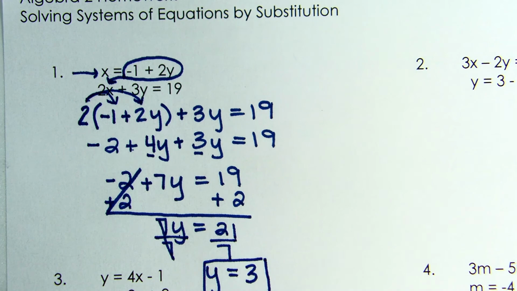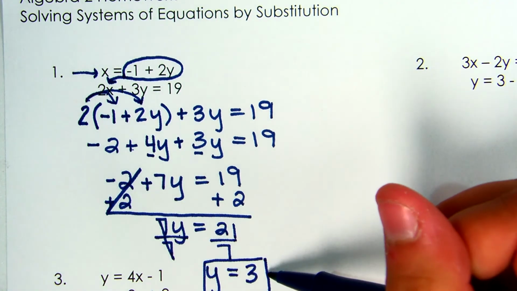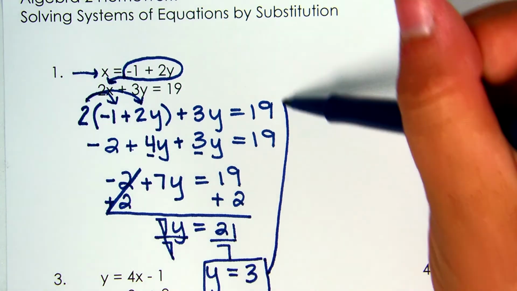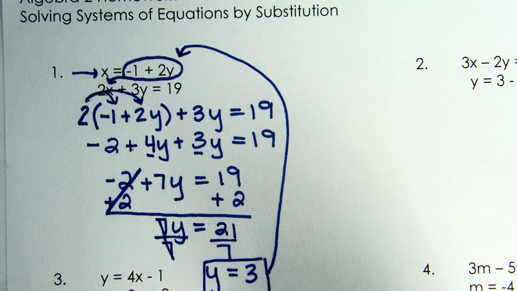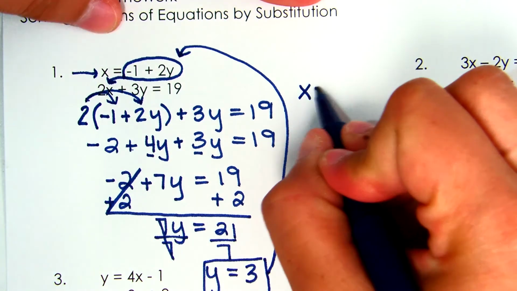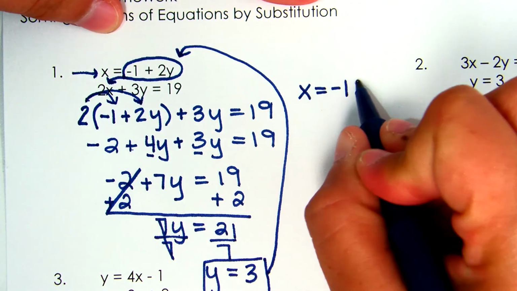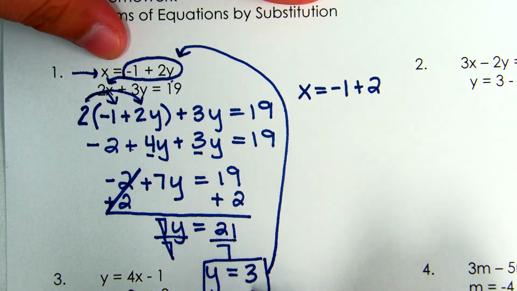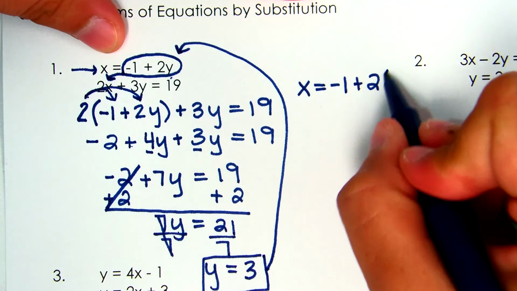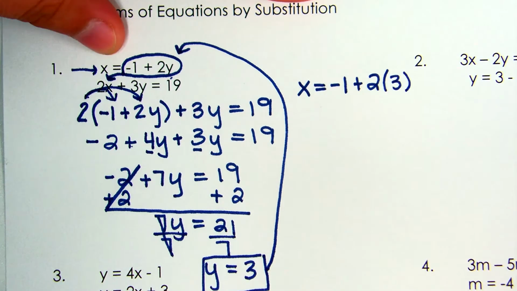Now I have y, and I need to figure out what x equals. So I'm going to take what y equals and plug it into my original equation that was x equals -1 plus 2y. And instead of the y, I'm going to use what y equals, which is a 3. So 2 times 3.